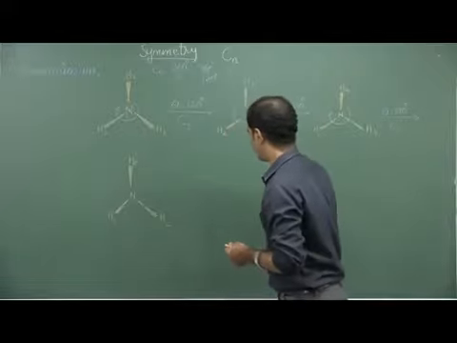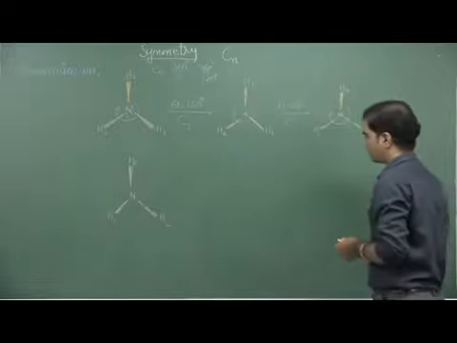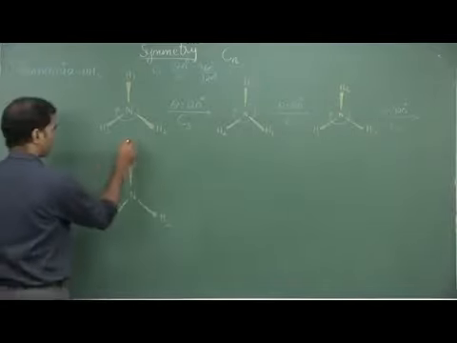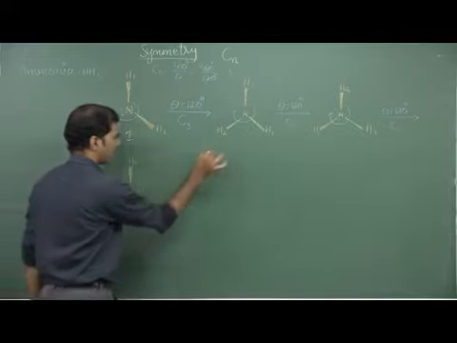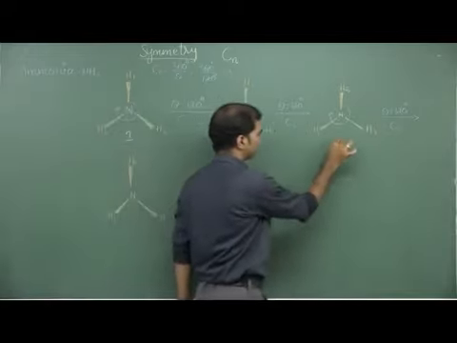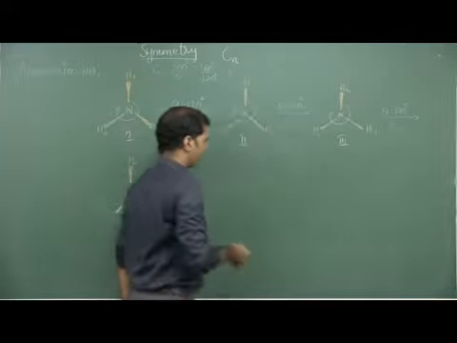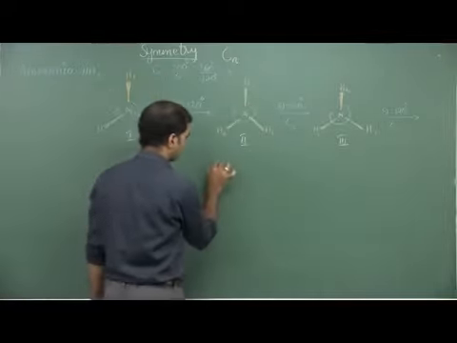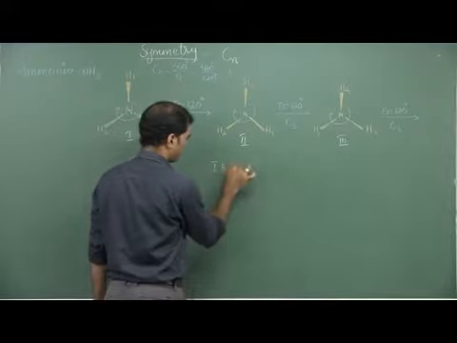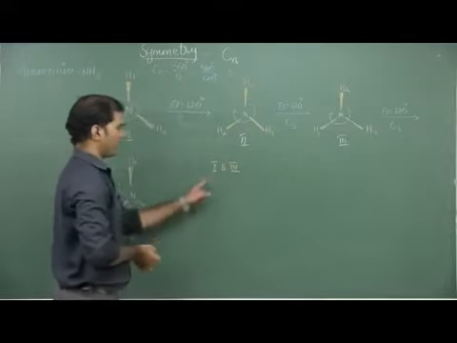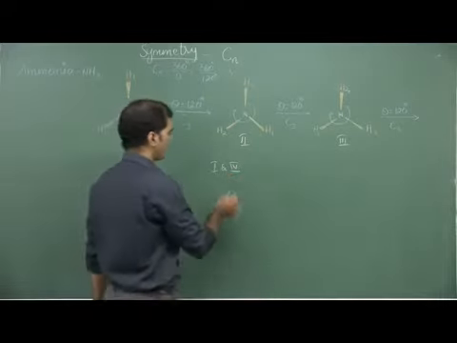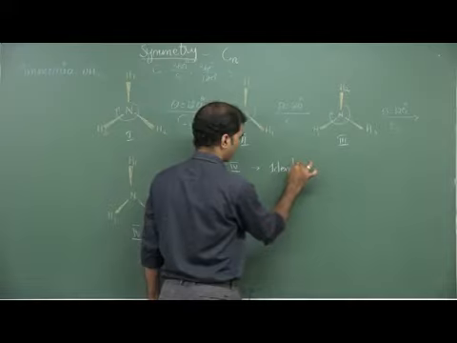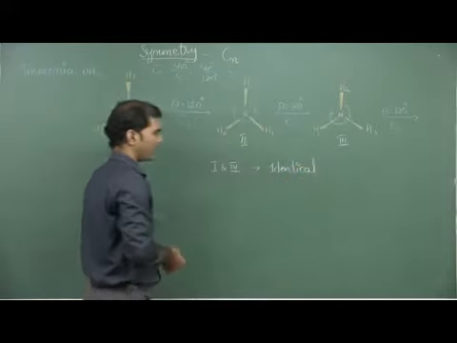Now whatever structures that we got, we can just number them. Starting from here, suppose I number them as 1, 2, 3 and 4. So the first and fourth structures, 1 and 4, this pair is identical.